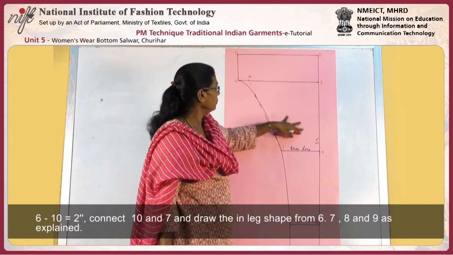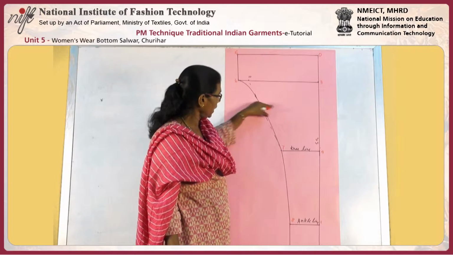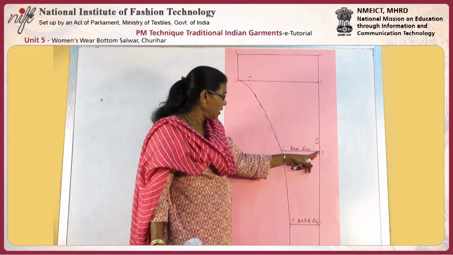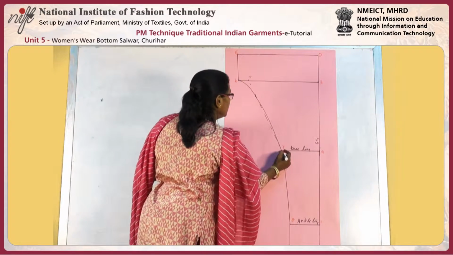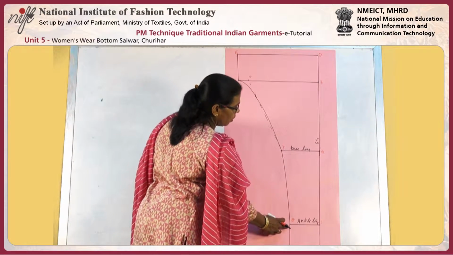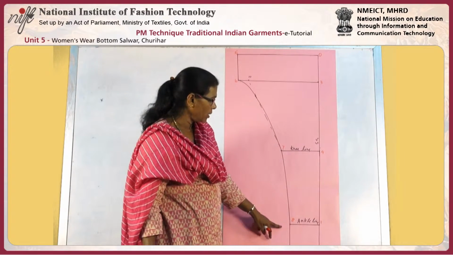This will give the fit at the thigh with the excess of ease, and knee measurement with quarter inch ease, ankle measurement with quarter inch ease is being there.